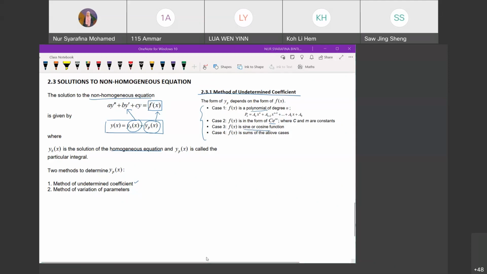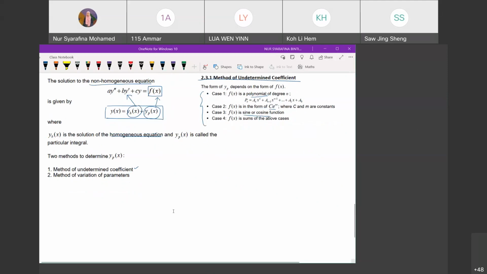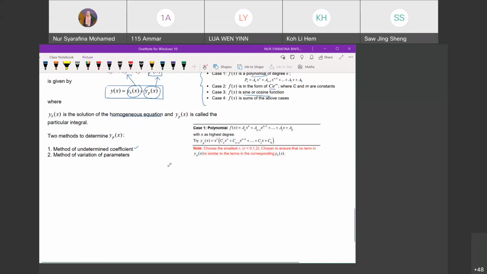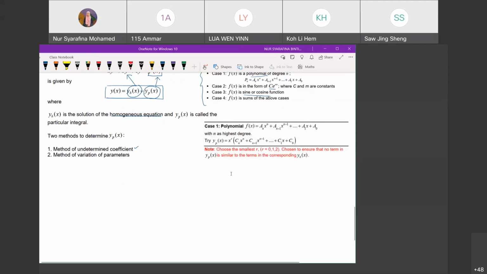We have polynomial, case number 1. So what is a polynomial? A polynomial is a function in terms of a_n x to the power of n, plus a_(n-1) x^(n-1), up until a_0. What are the examples of polynomials?